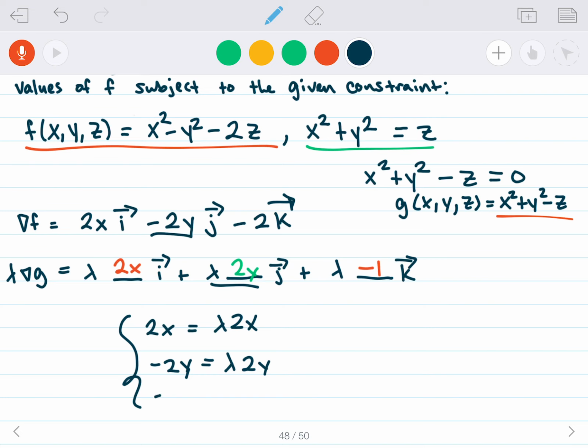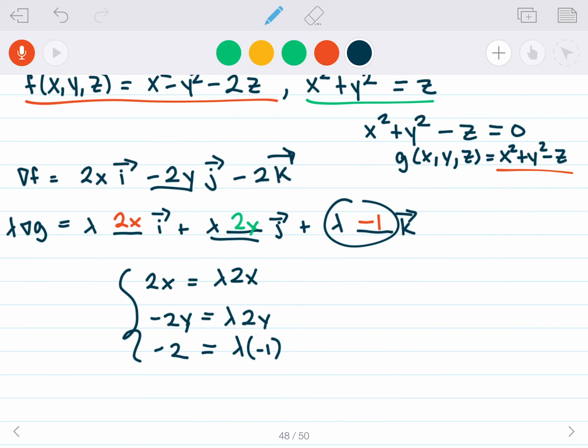And finally, negative 2 is equal to lambda negative 1. It's pretty straightforward to see what lambda is from our third equation. Oh, and we also need our constraint. I forgot about that. So let's put it down here. We have x squared plus y squared equals z.